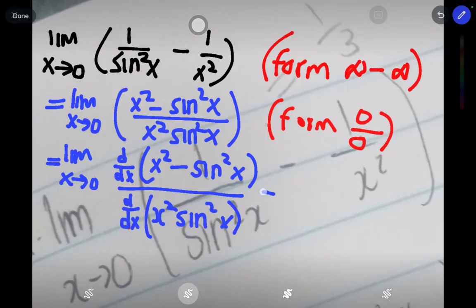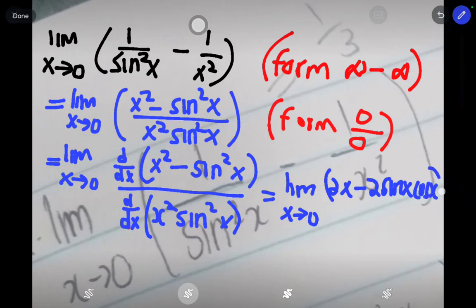So when I derive the numerator, I'm getting, so let me write the limit, I'm getting 2x minus, this will be 2 sin x cos x, alright, all over.